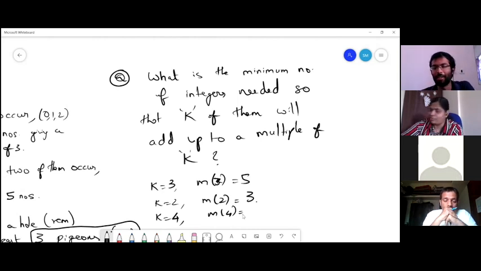For the partition problem, at that time when people attempted it, Euler long back gave a generating function. Generating function is something which we'll talk about sometime.